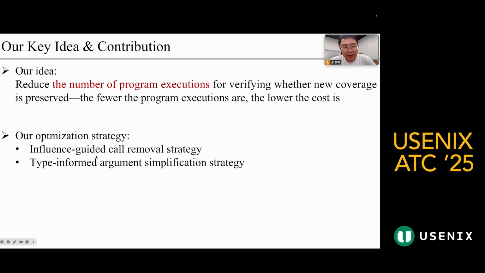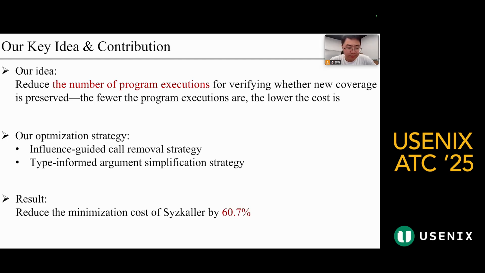The influence-guided call removal strategy is to reduce the number of program executions during call removal. The type-informed argument simplification strategy is to reduce the number of program executions during argument simplification.